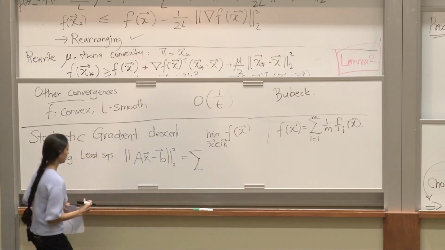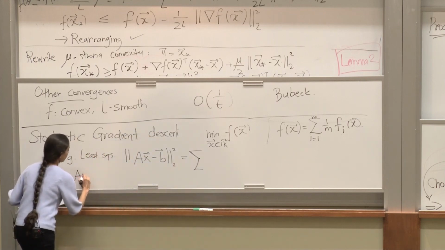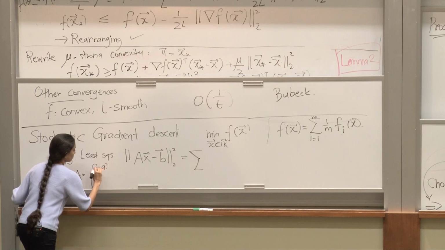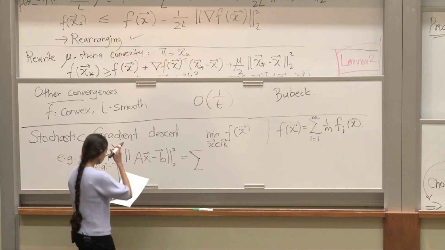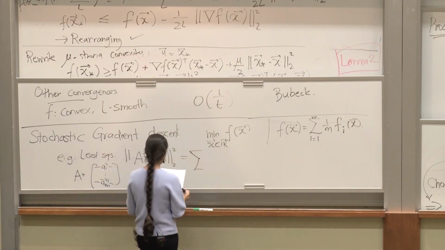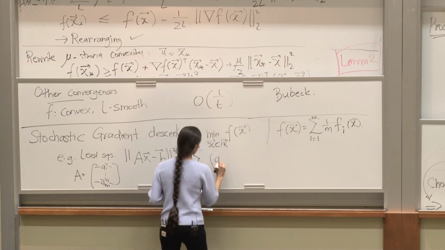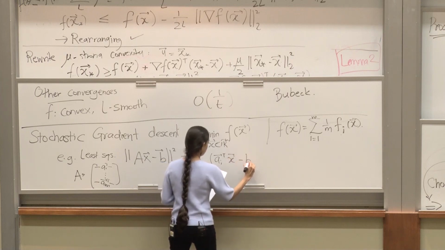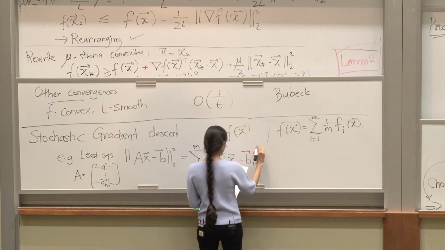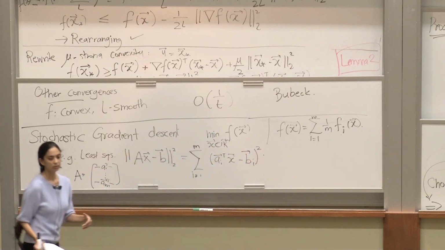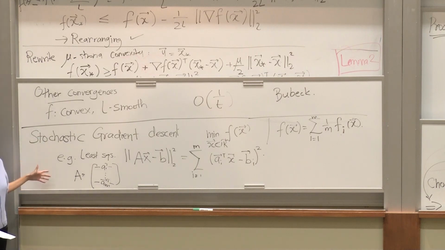If I think of A as being given by a_1 transpose all the way up to a_m transpose, then I can write this as the sum over i going from 1 to m of (a_i transpose x minus b_i) squared.